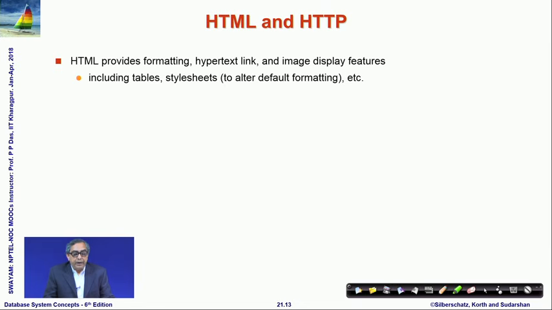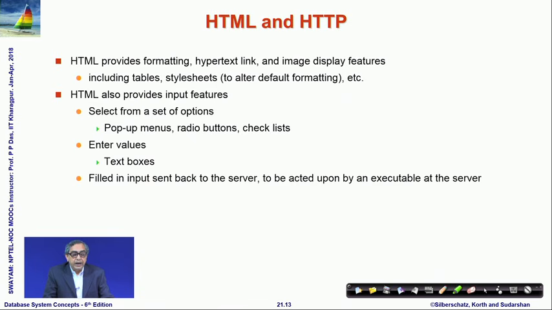So, we know by now that HTML provides the formatting, the hypertext links, images and so on, and HTTP provides the protocol through which the contents are exchanged between different machines in the internet. You can select from a set of options in terms of HTML: pop-up menus, radio buttons, check boxes and so on.